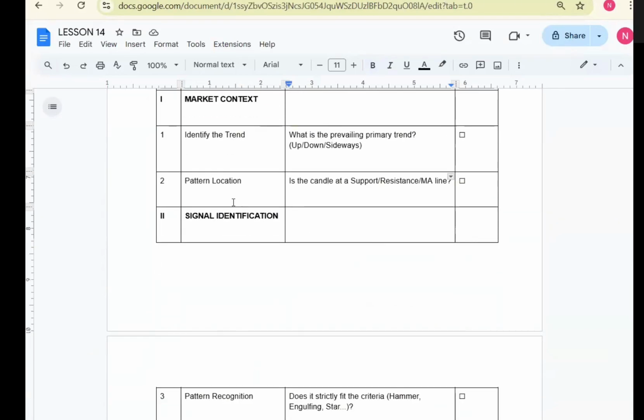Okay, and the next thing of the market context is the pattern location. The question you need to answer is: is the candle at a support or resistance or MA line?